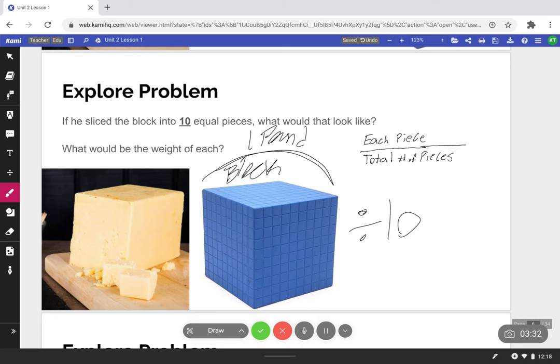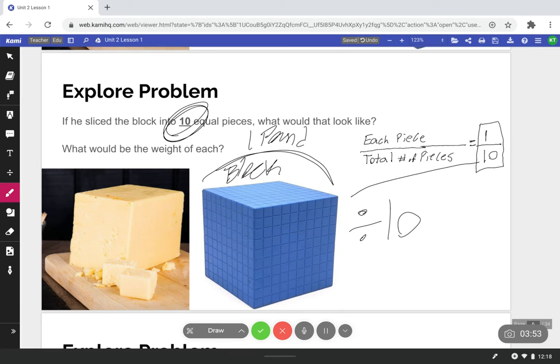So how many pieces are there? Well, Ben is cutting them up into 10 equal pieces. So 10. And each piece is going to be 1. So each person is going to get 1/10 of this original block.